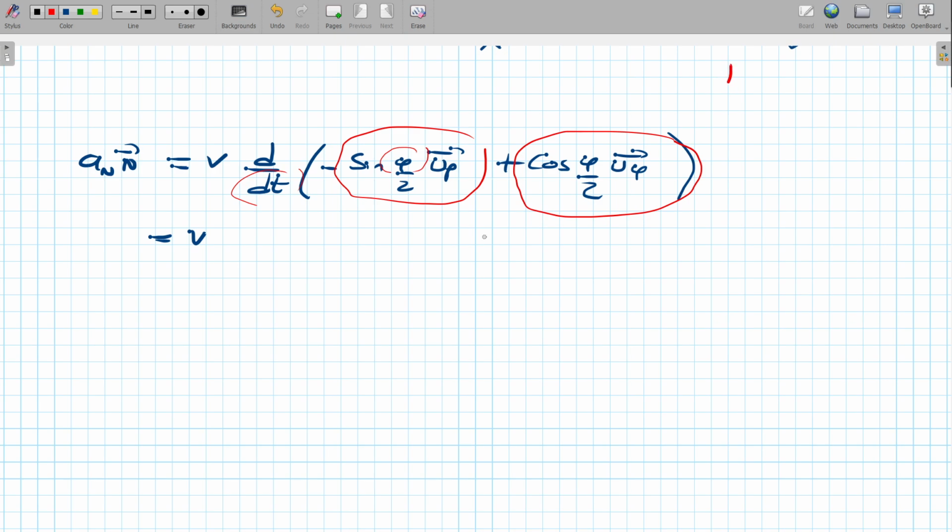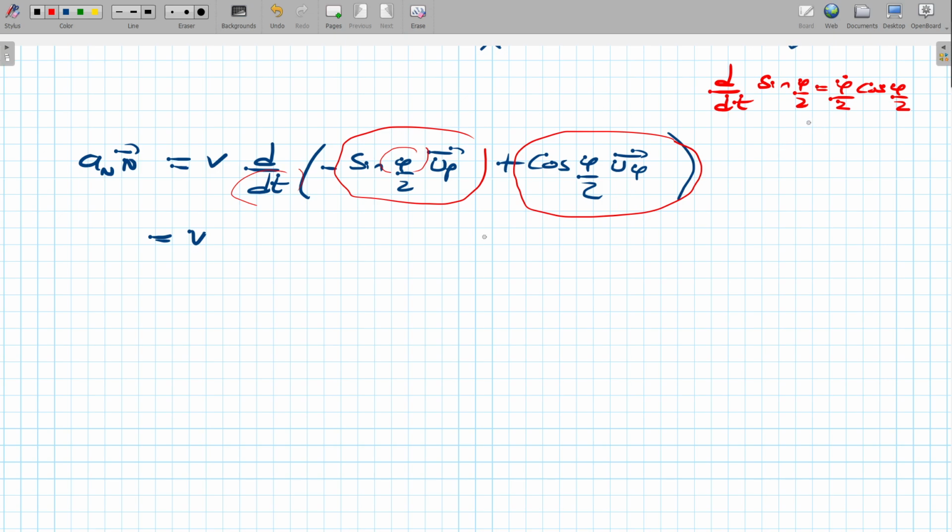So here, the derivative with respect to t of sine phi divided by 2 is going to give us phi point divided by 2, and then cosine phi divided by 2.